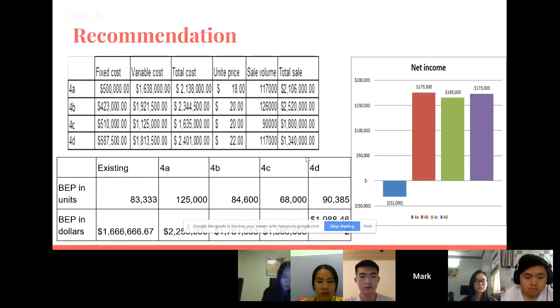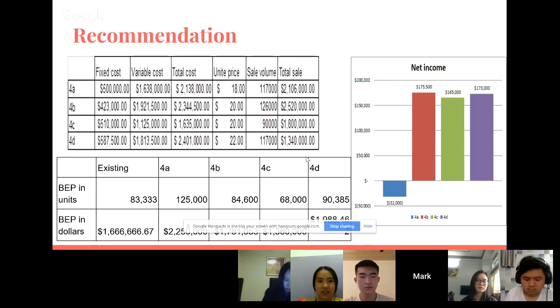We compared all the scenarios above, and we believe that scenario C is the best because the net income of scenario C is pretty high compared to the amount that we sold, which is only 90,000 units, the lowest amount of all other scenarios.